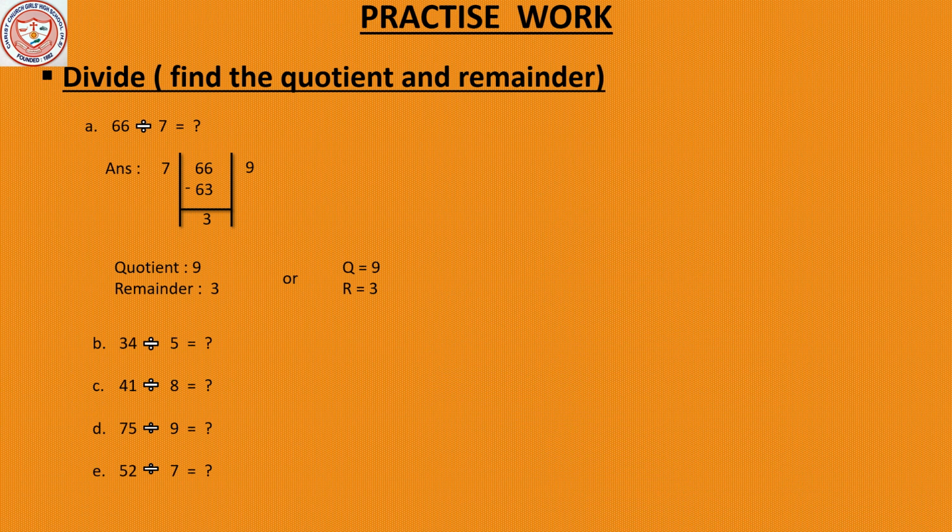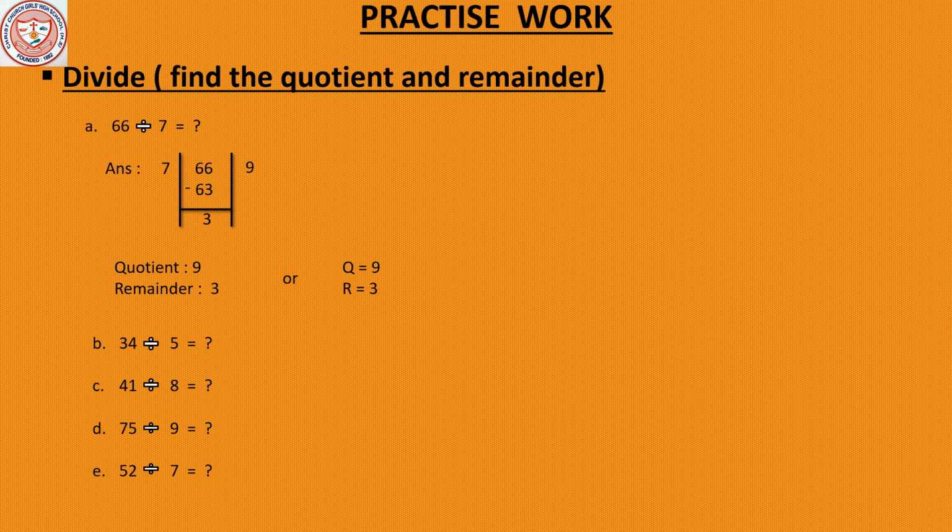Then use the multiplication table of number 7 to find 66. But there is no 66 in the table of 7, isn't it?